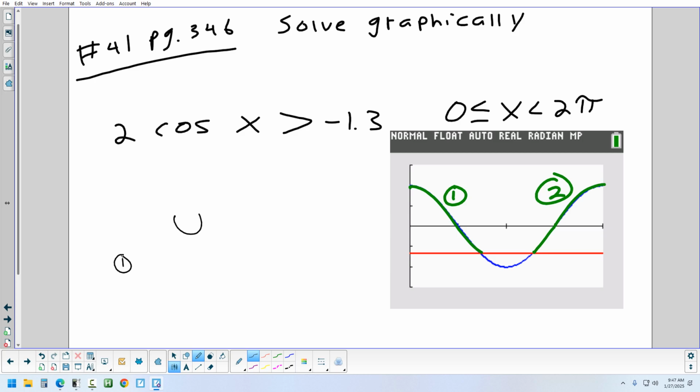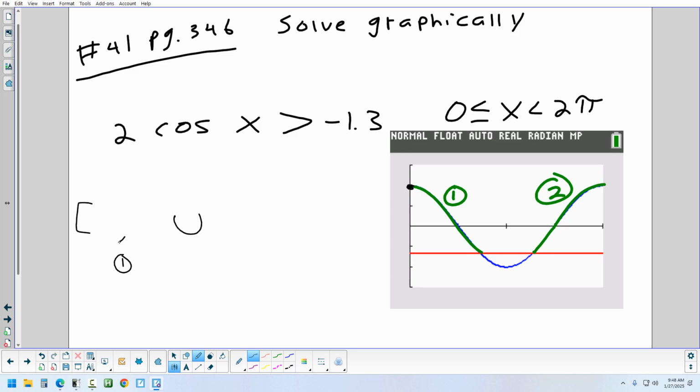Anyone else think we can? If you can support that, or if you don't think we can, tell me why we can't. Yep. You can include it because the area of the graph you're looking at includes the 0. Yes, it does include that. So we definitely can include that.